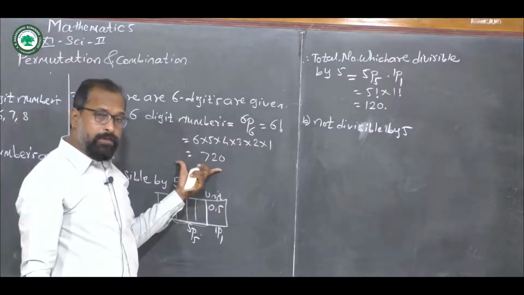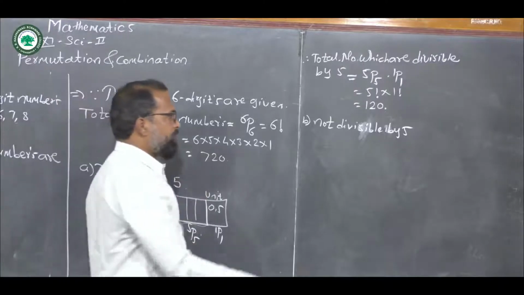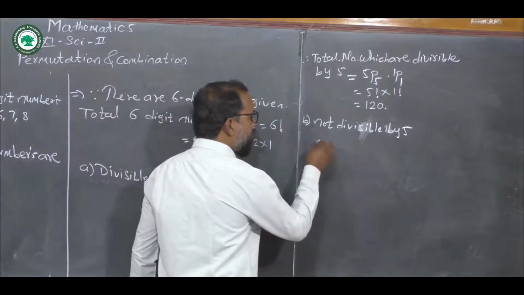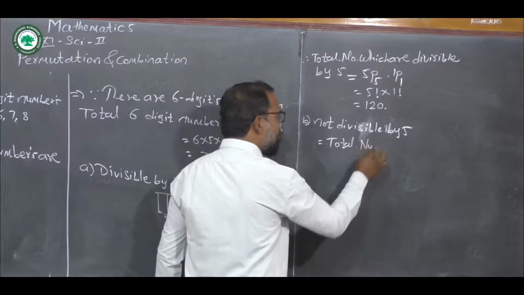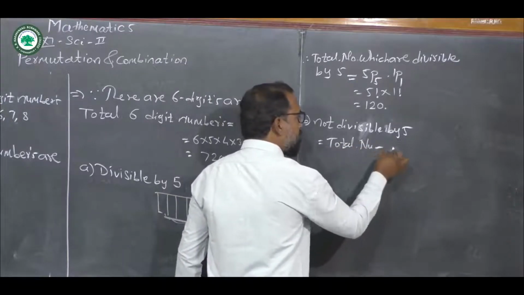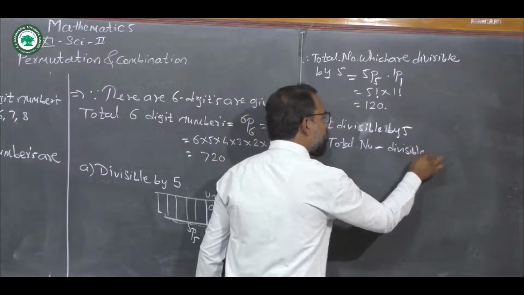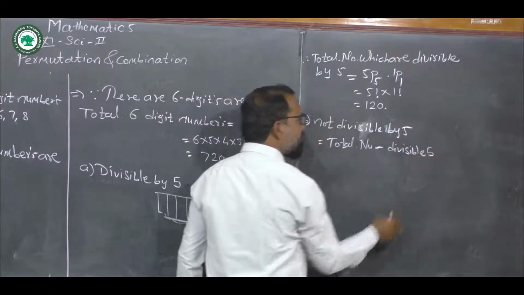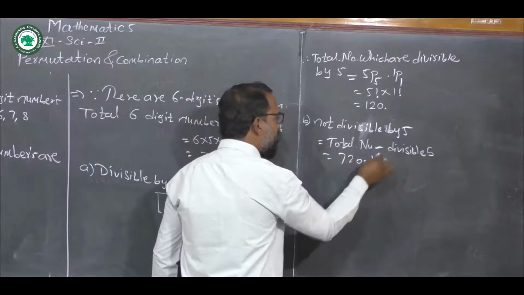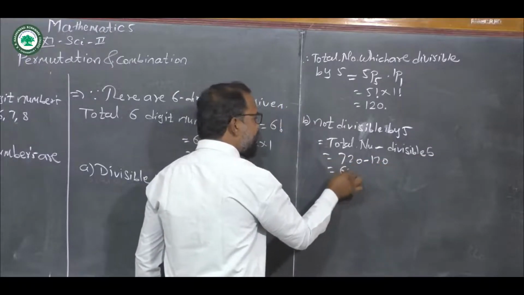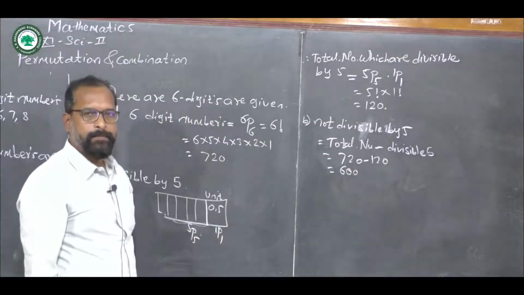So the remaining numbers are not divisible by 5. So we can write here the numbers not divisible by 5 equals total numbers minus numbers divisible by 5. So this can be written as 720 minus 120. This will be 600.